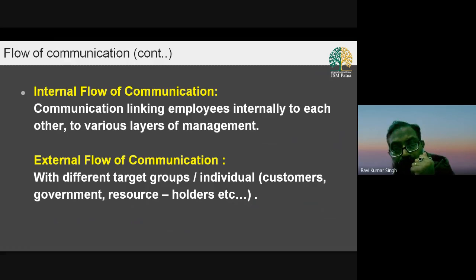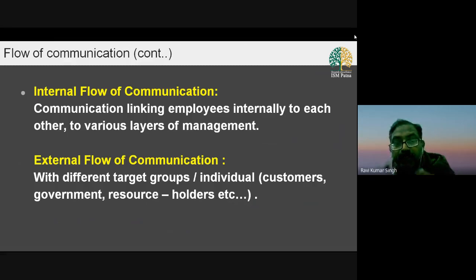We can say communication happening within the organization, and external means communication going to external audiences. The organization is communicating with target groups which are external to the organization, for example customers and investors. These are external parties.